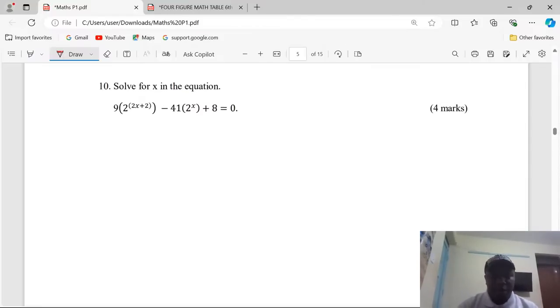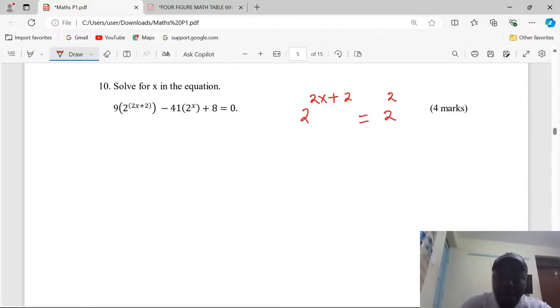We can apply some laws of indices in the first term, in which case 2 power 2x plus 2 means that this is 2 power 2x multiplied by 2 power 2.